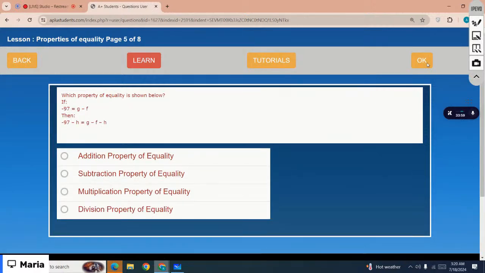Okay, which property of equality is shown below? If negative 97 equals g minus f, then negative 97 minus h equals g minus f minus h. So which is the correct option?